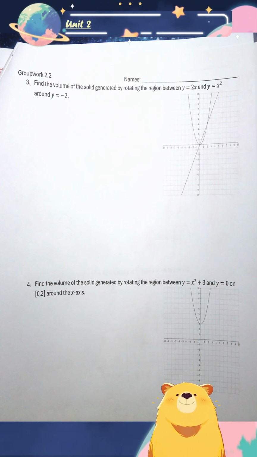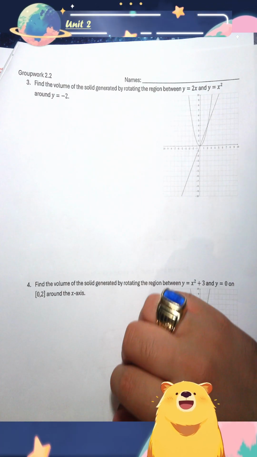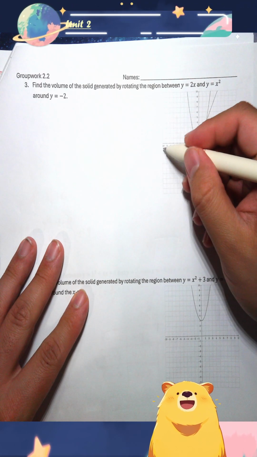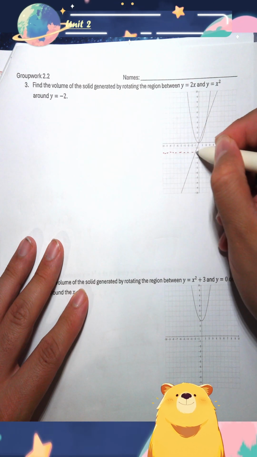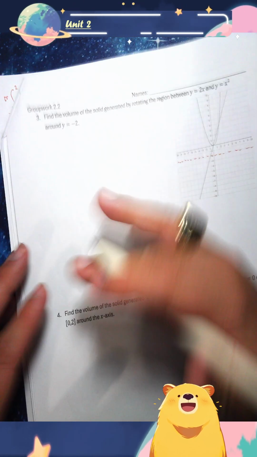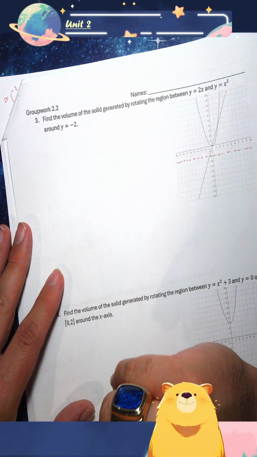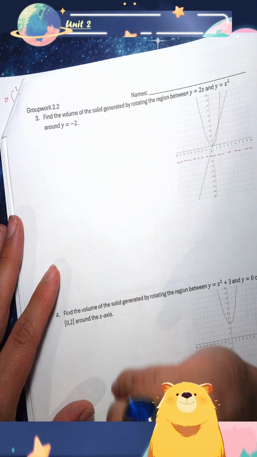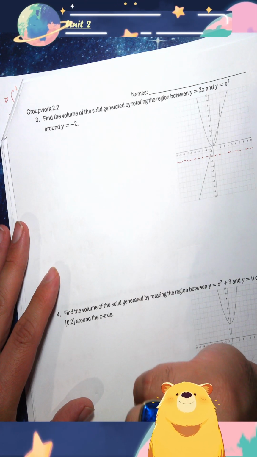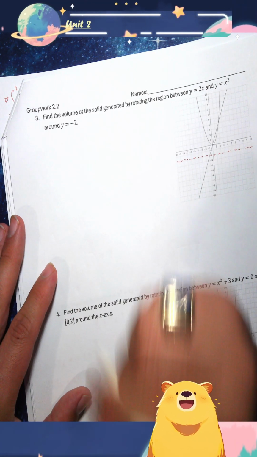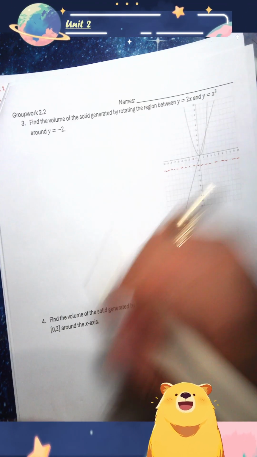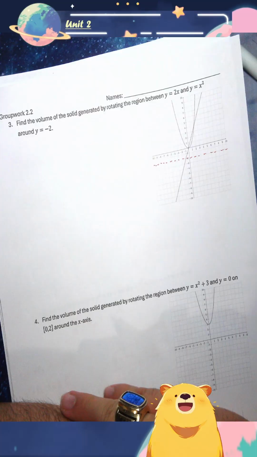Okay. So for this, we have y is equal to negative 2. So that means this is in our x origin problem. But we have to figure out when they intersect. So that's also going to be a detail that we need to do.